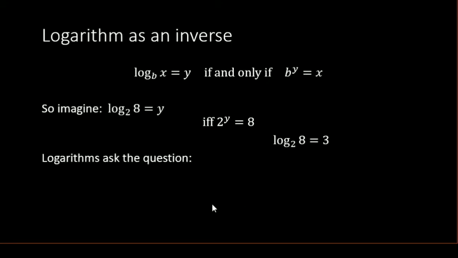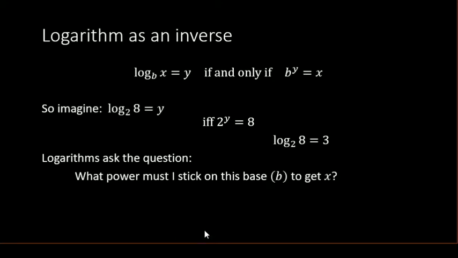The easiest way to handle logarithms is to keep reminding yourself, until you just get used to it, that logarithms ask the question: what power must I stick on this base, the little number b, in order to get this number, the big number x? So in this case, what power do I have to stick on 2 to get 8? The answer, of course, is 3.